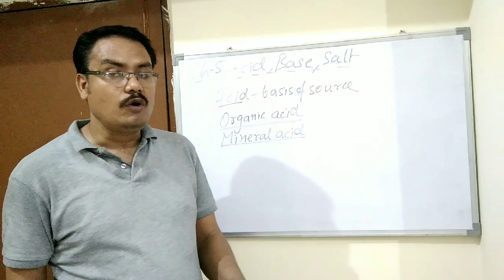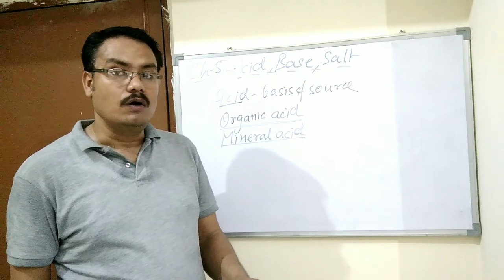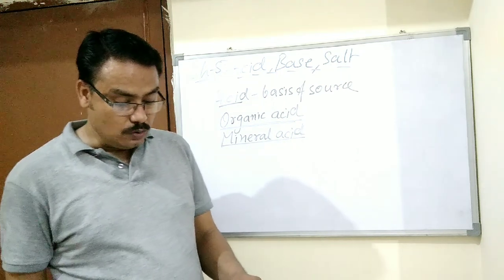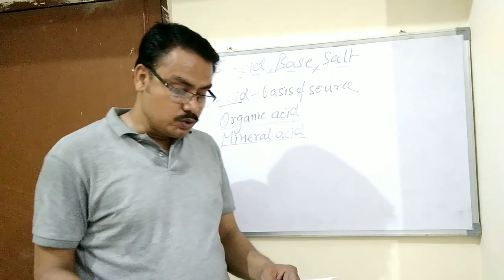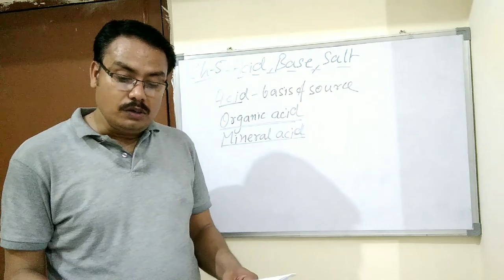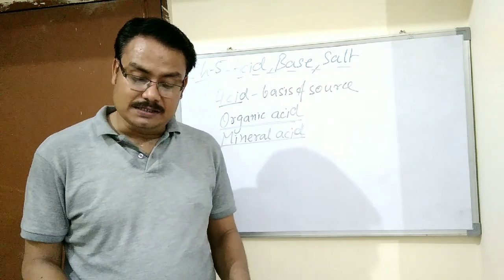So these are all organic, either plant products or animal products. Lactic acid from sour milk, uric acid from urine. So all these, students, are organic acids.